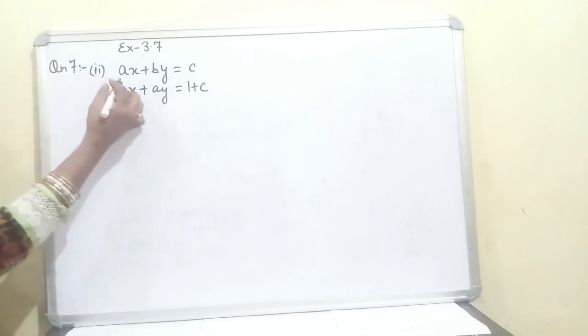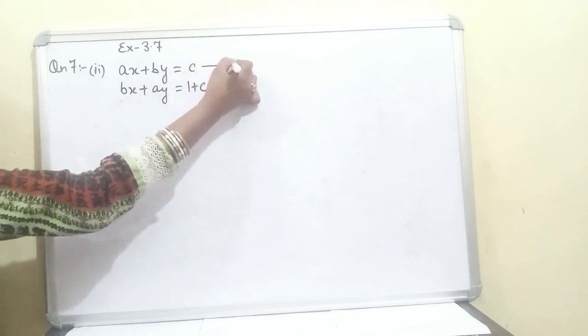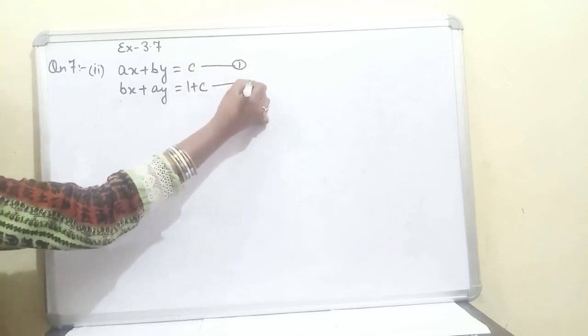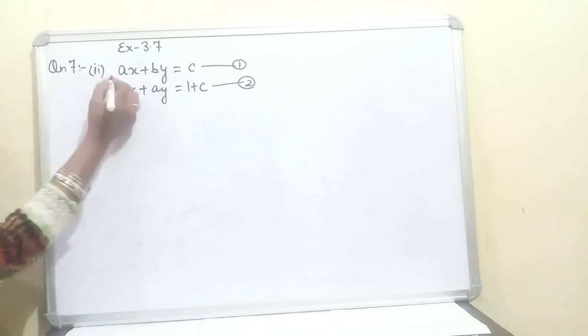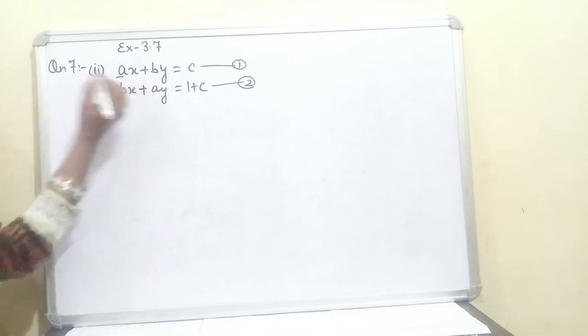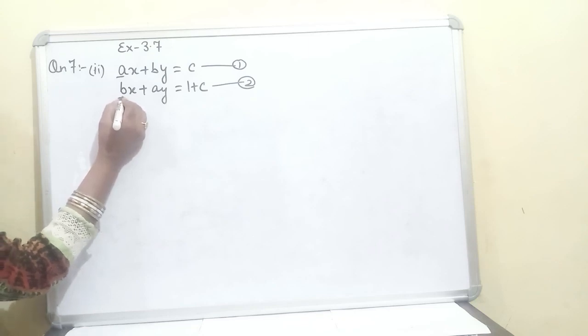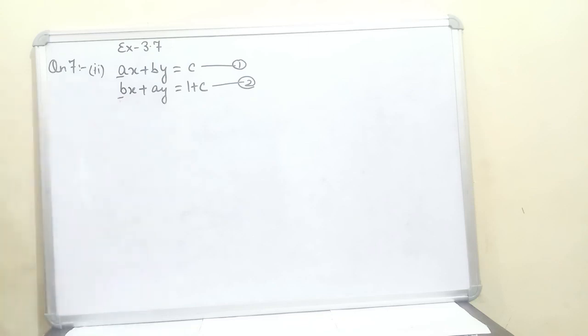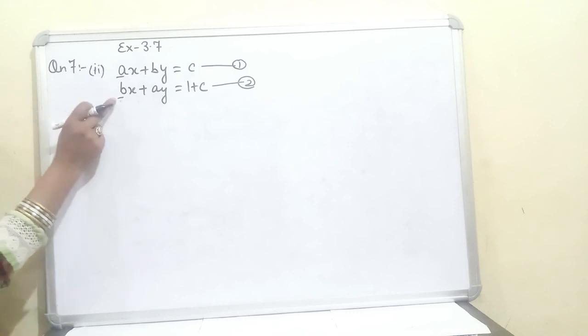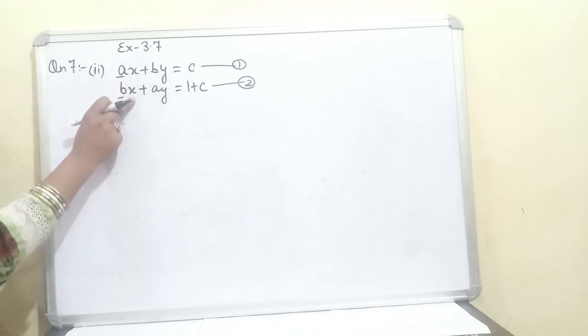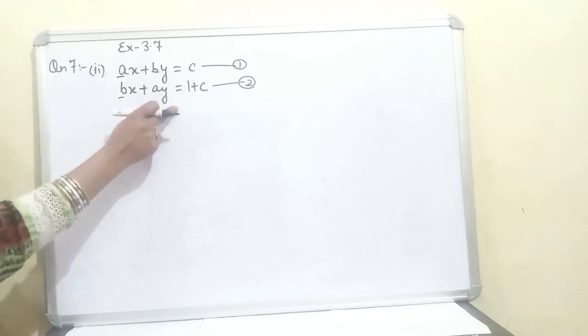For applying the elimination method, let's say this is equation number 1 and this is equation number 2. See here, the coefficient of x is a and the coefficient of x in the second equation is b. In the elimination method we have to eliminate either the x variable or the y variable.